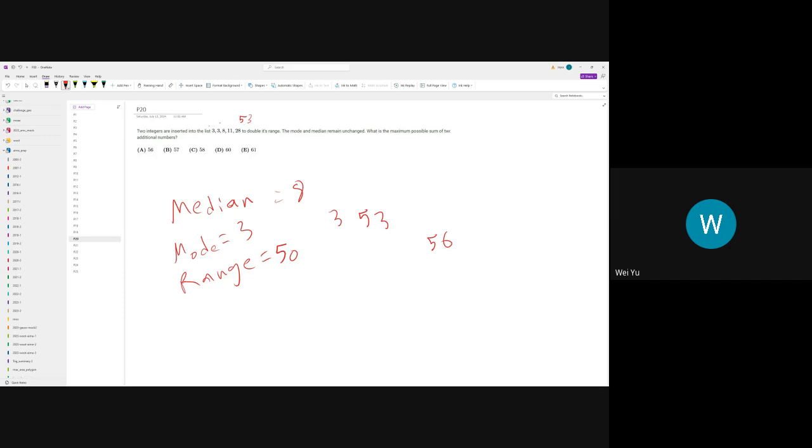So the highest number we can use is 7, because if we use 8 then now the mode is both 3 and 8, and if we use 9 or more then now 8 is not going to be the median. So the highest we can use is 7, giving us 7 plus 53 is equal to 60.